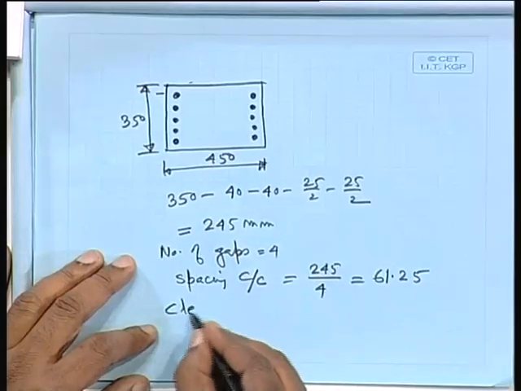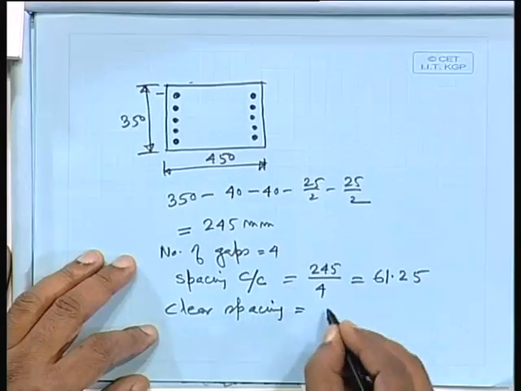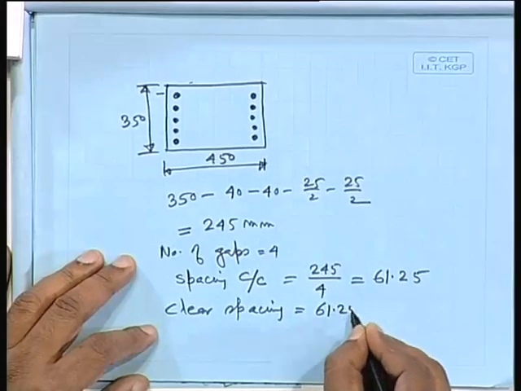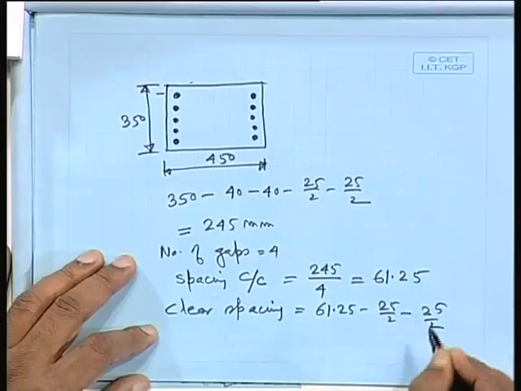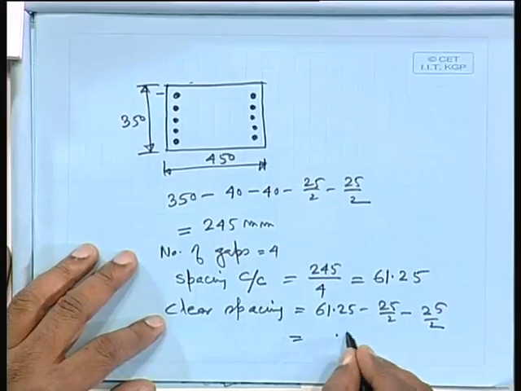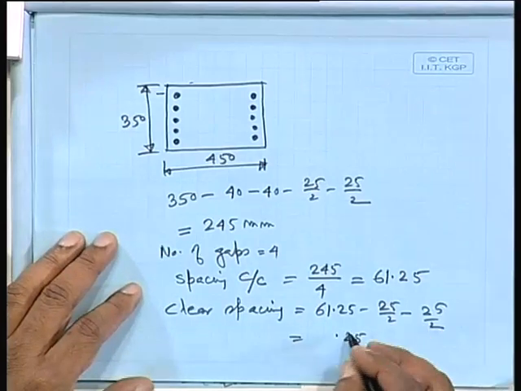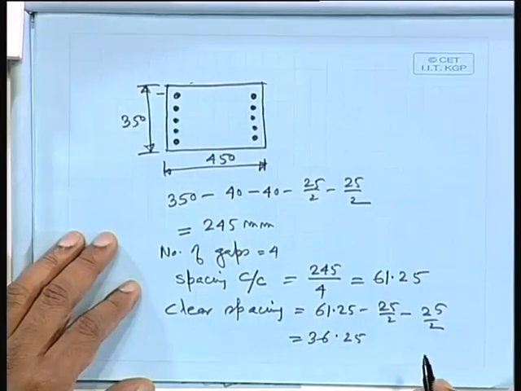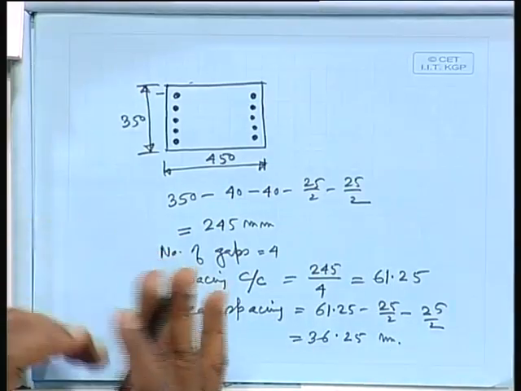Clear spacing, so 61.25 minus 25 by 2 minus 25 by 2. So we shall get here 36.25. So which is as per the code, now it is not violated.